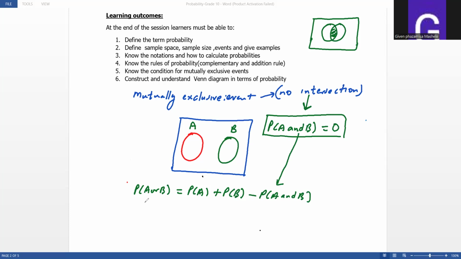So to calculate A or B, we only add A with B because A and B is 0. I believe you're following, ladies and gentlemen.